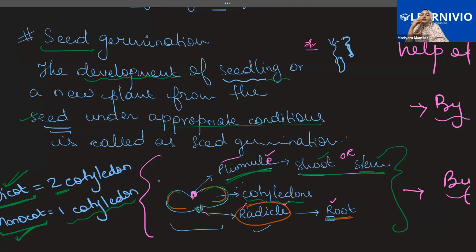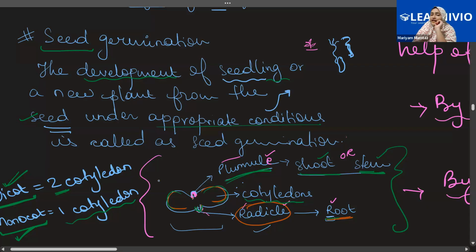And always remember that this seed germination always takes place under appropriate conditions. Appropriate condition means that it will take place under optimum temperature. Do you know the meaning of optimum? I'll tell you. Optimum temperature, pH, then water.